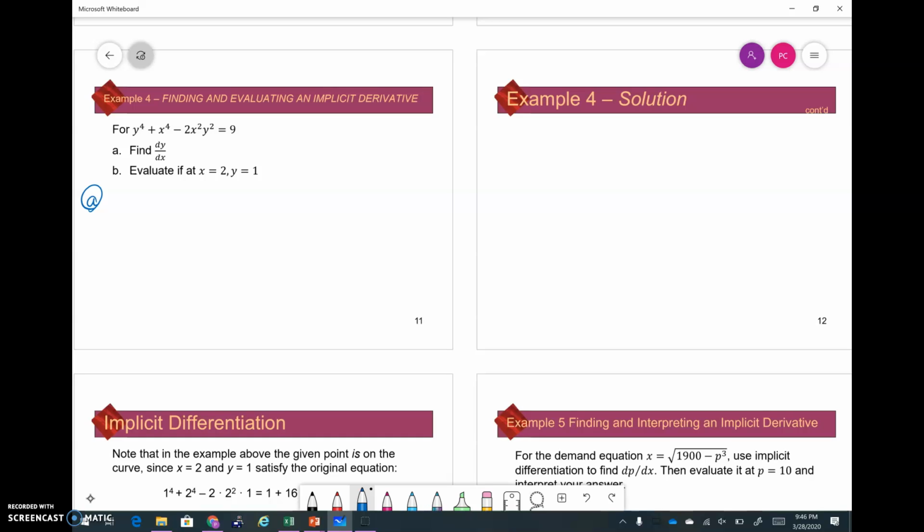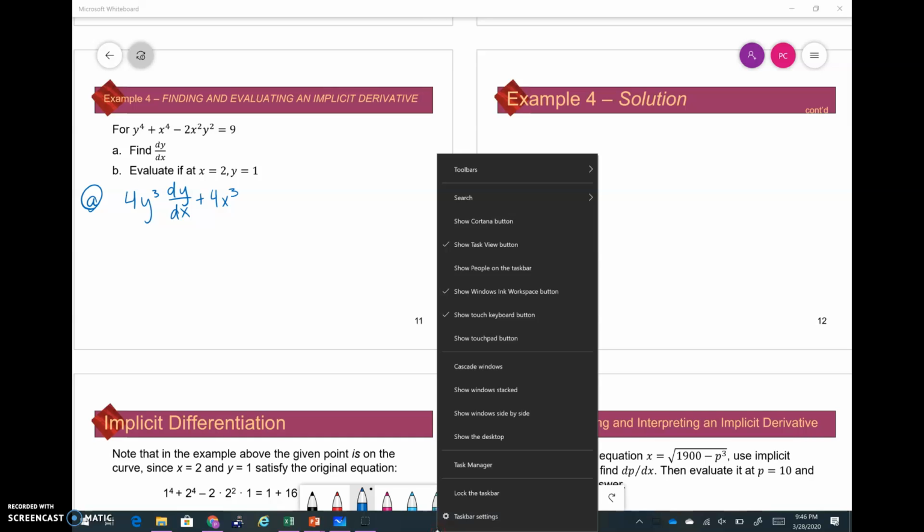So we're going to take each individual part and differentiate it. So the first one, y to the 4th, would give us 4y cubed, and I have to tack on the dy over dx. On the second one, x to the 4th, would become 4x cubed, and then I have to use the product rule on the third term.